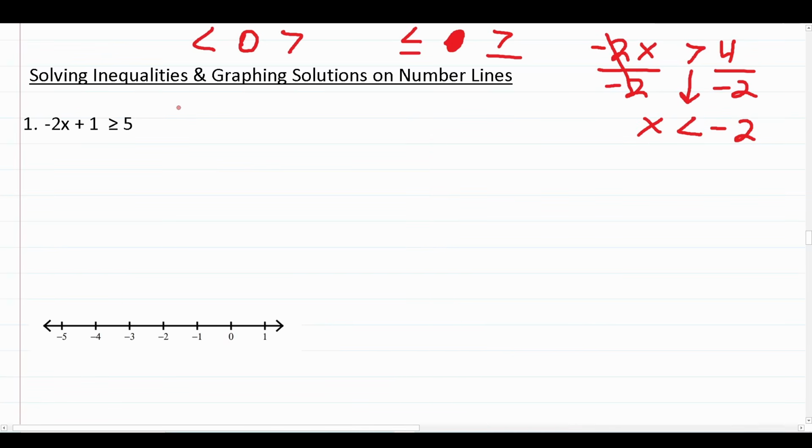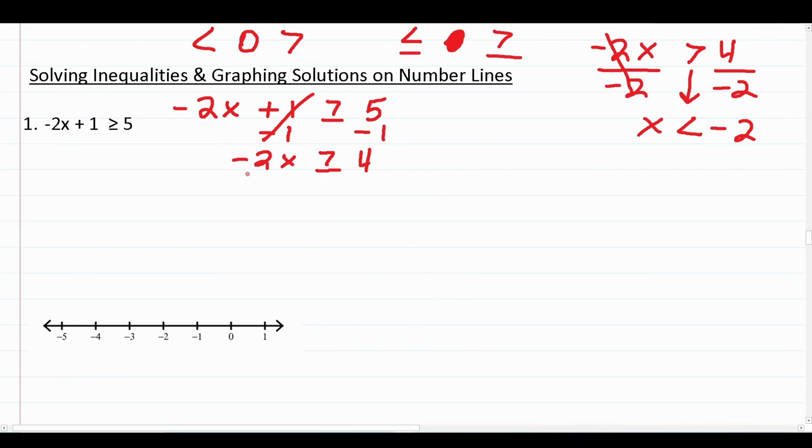Okay? So with those things in mind, let's go ahead and take a look at this first example. And this first example says -2x plus 1 is greater than or equal to 5. Again, we're going to be solving for x. So the first thing you want to do is subtract 1 from both sides. Again, you can add and subtract across the inequality sign all you want. It's not going to prompt you to change its direction. So this crosses out here, leaving you with negative 2x over there. It's greater than or equal to 5 minus 1 is 4.